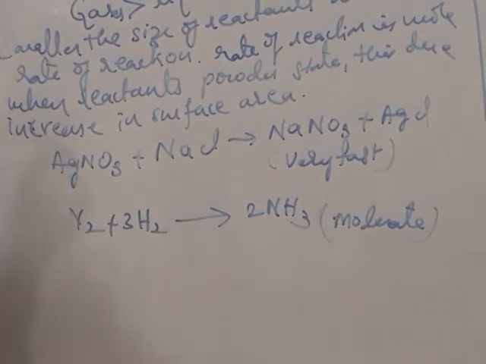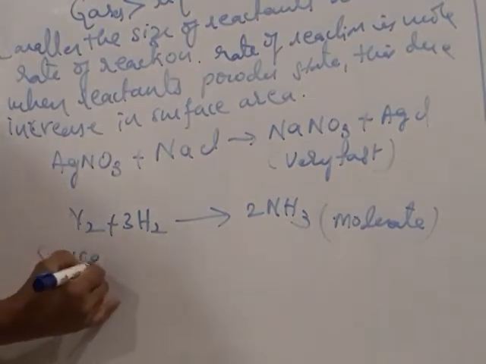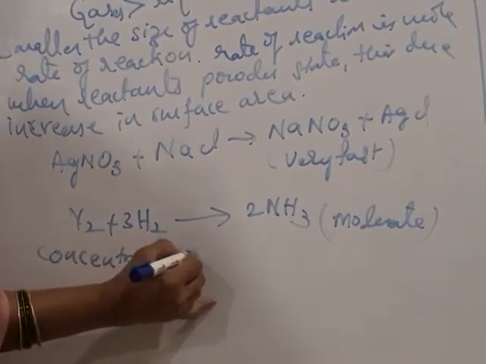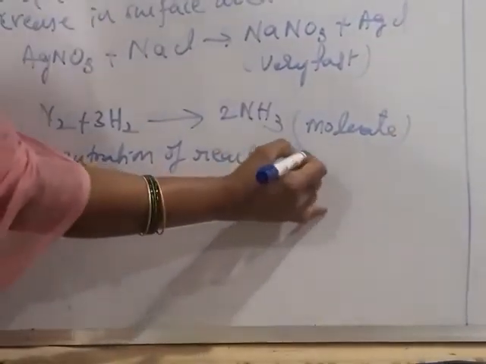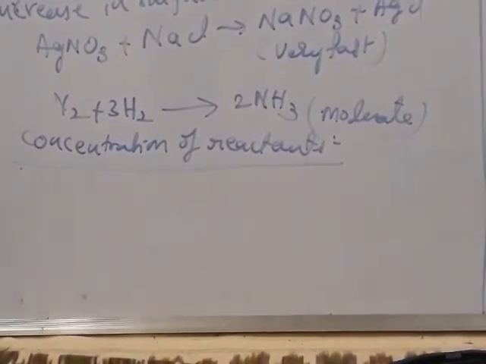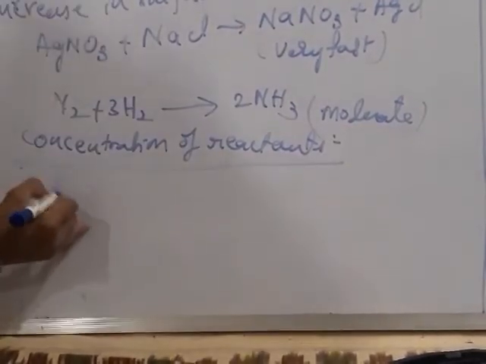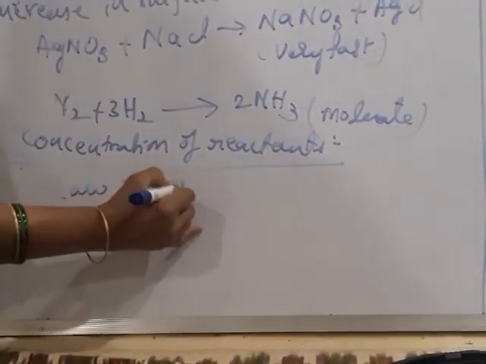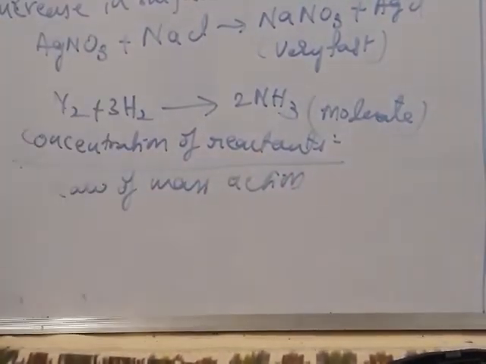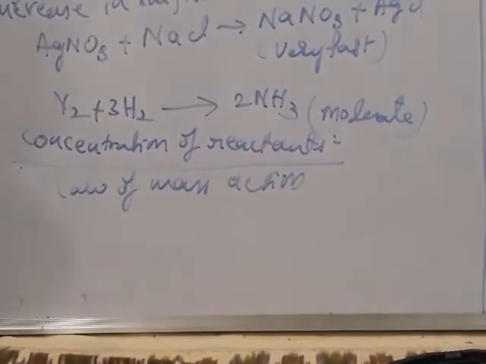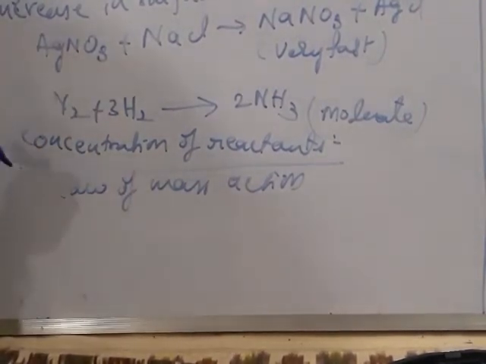Okay. Next, coming to concentration of reactants. So it is explained by law of mass action. According to law of mass action, which is proposed by Guldberg and Waage, rate of reaction is directly proportional to concentration of reactants.